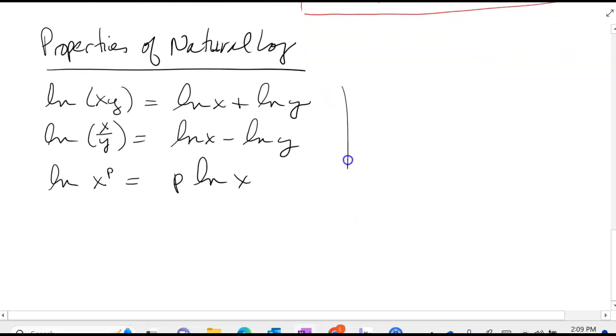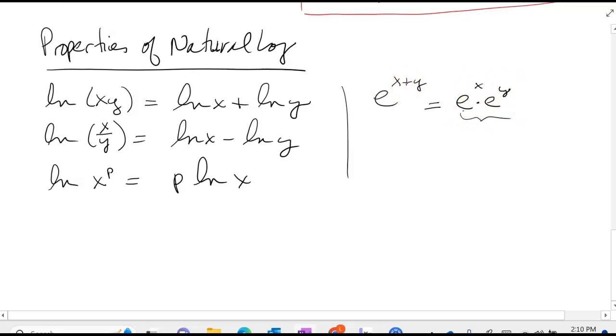To continue, let's look at e. Well, e to the x plus y. So here's an interesting one if you think about it. Isn't that just e to the x times e to the y? Because if you have the same base, you add your exponents.